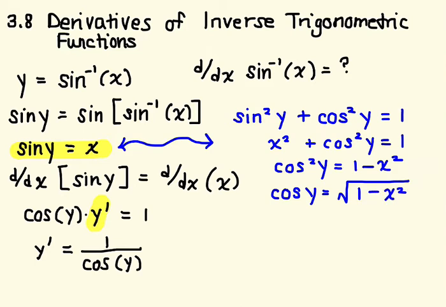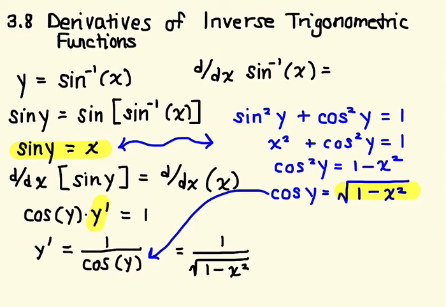And now I'm going to replace the cosine of y here with this, and I'm going to go back to the black, and I have that y prime is equal to 1 over the square root of 1 minus x squared. So this is the derivative of the arc sine function.